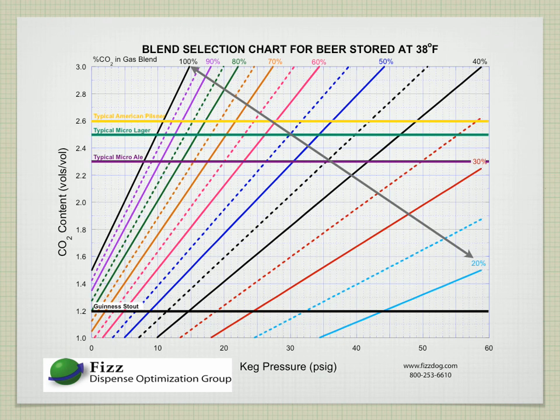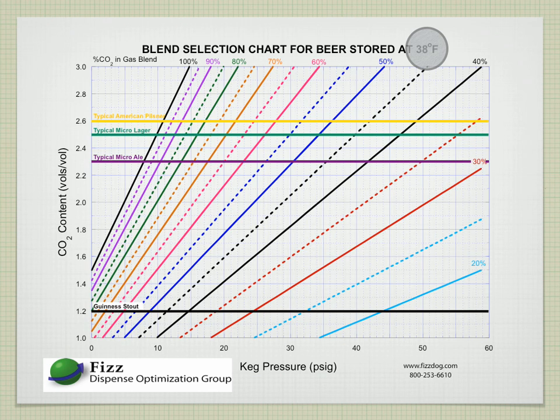And those are the percentages of CO2 in the blend gas, depending on, again, the type of beer, its CO2 level, the applied pressure, and the temperature, which is, for this chart, 38 degrees. We are able to do customized charts based upon any temperature. Just for informational purposes, we're going to use 38 degrees as the baseline, and that is liquid temperature in the cooler, so actually what the beer is seeing in the way of temperature.